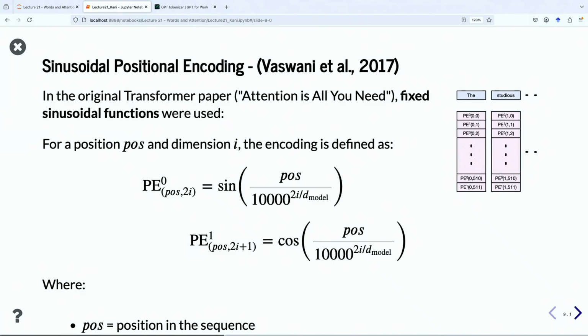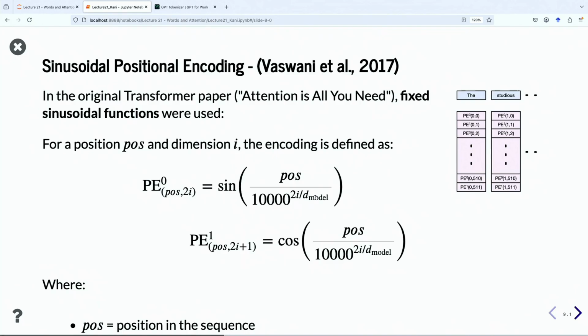So you have a function that takes in a position, the actual integer position of the word inside the sentence, so 1, 2, 3, 4, 5. And then you have the index of the dimension, and d_model is the number of dimensions of the model, so we're using 512 in this case.